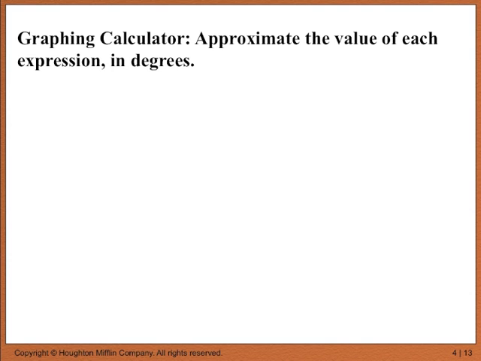Now we're going to use a graphing calculator, and you may have done this before. Maybe you did it last year when you were introduced to trig. But in any case, the main thing here is just be familiar with your calculator and know where the inverse sine, inverse cosine functions are. Now, I know that there are many different calculators out there, but in the TI-83 Plus family, which most of us are using, you can very easily see the inverse sine, the inverse cosine, and inverse tangent functions right above the sin, cos, and tan buttons on your calculator.